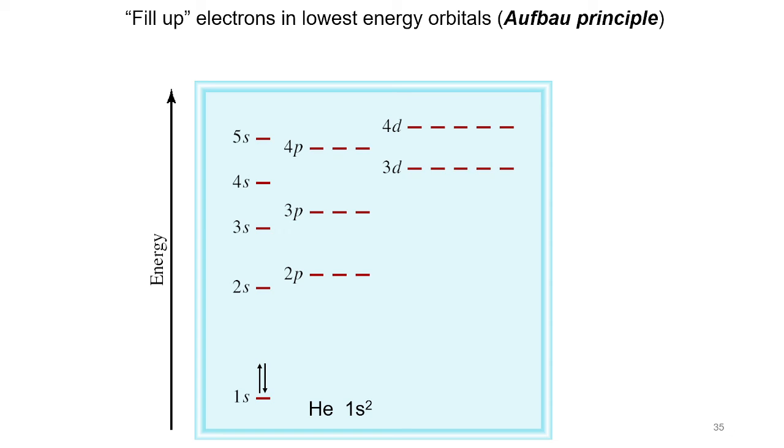So what's next? Lithium. Lithium has 3 electrons, so we just write that as that. Lithium atom at ground state has 2 electrons in the first s orbital and 1 electron in the second s orbital.